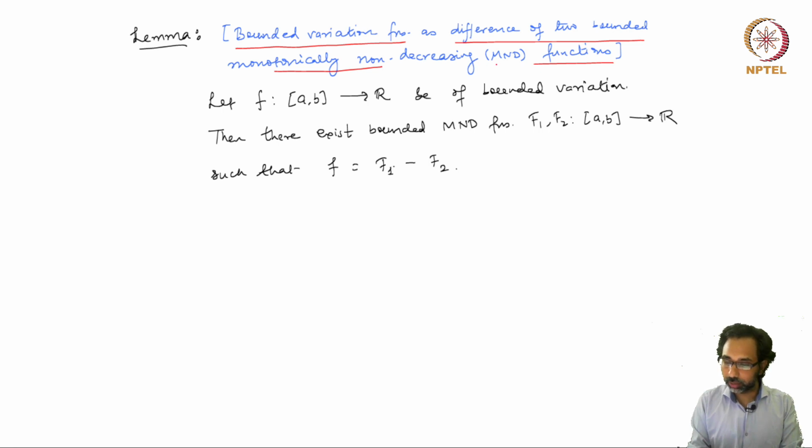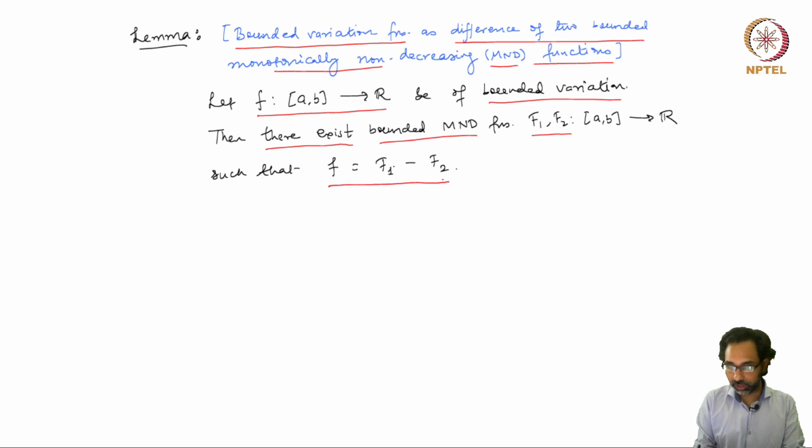So I'm going to use this abbreviation MND for monotonically non-decreasing because we are going to use it very often. So the statement of this lemma is as follows. If f is a function of bounded variation on this interval AB, then there exist bounded monotonically non-decreasing functions f1 and f2 such that f is the difference of f1 and f2.